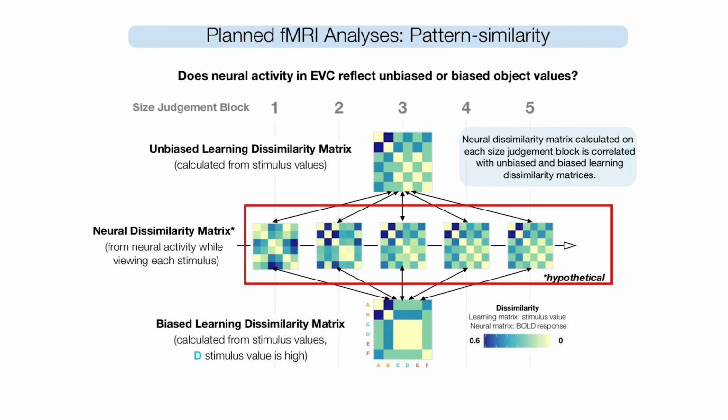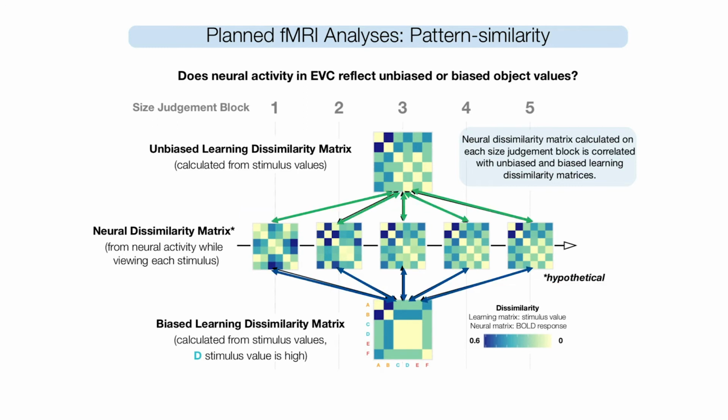For each of the 5 size judgment blocks, we will then compute the dissimilarity between patterns of BOLD activation for each of the 6 stimuli. We can then correlate each of these patterns with both the unbiased and biased dissimilarity matrices to see whether neural activity appears to be reflecting the unbiased or biased values over time.